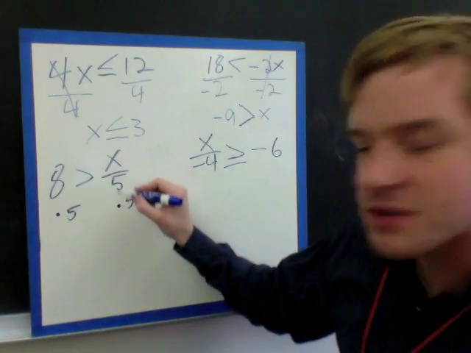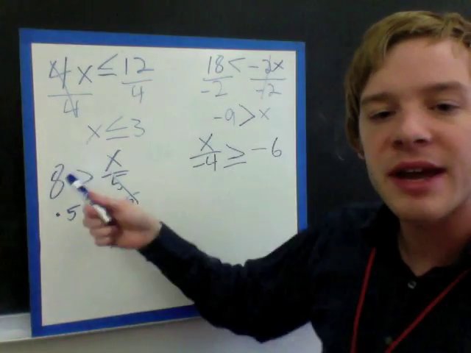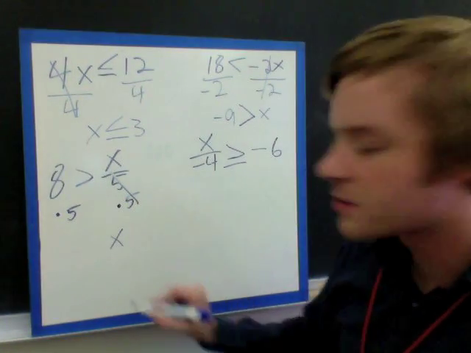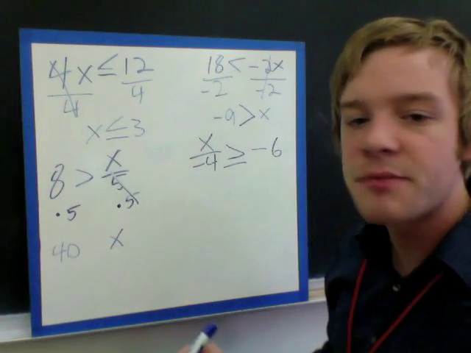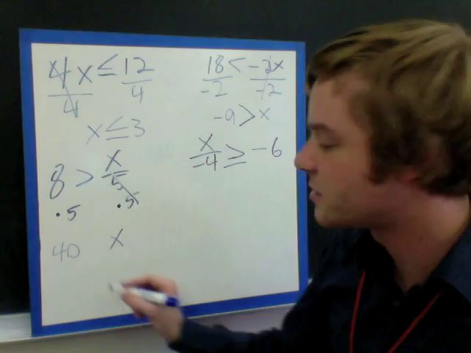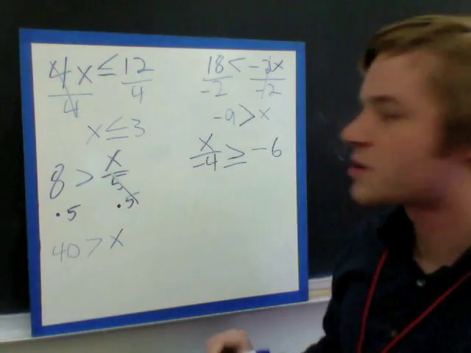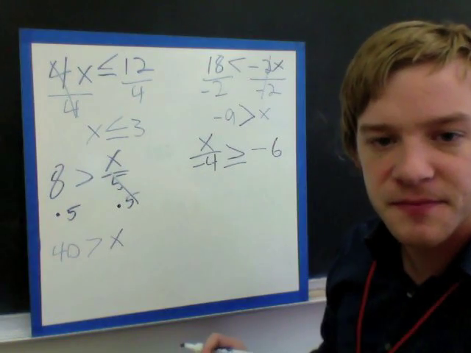So these 5's cancel. We have x. Now 8 times 5 is going to give us 40. And since I didn't multiply or divide by a negative number, my sign stays pointing in the same direction. So I get 40 is greater than x.